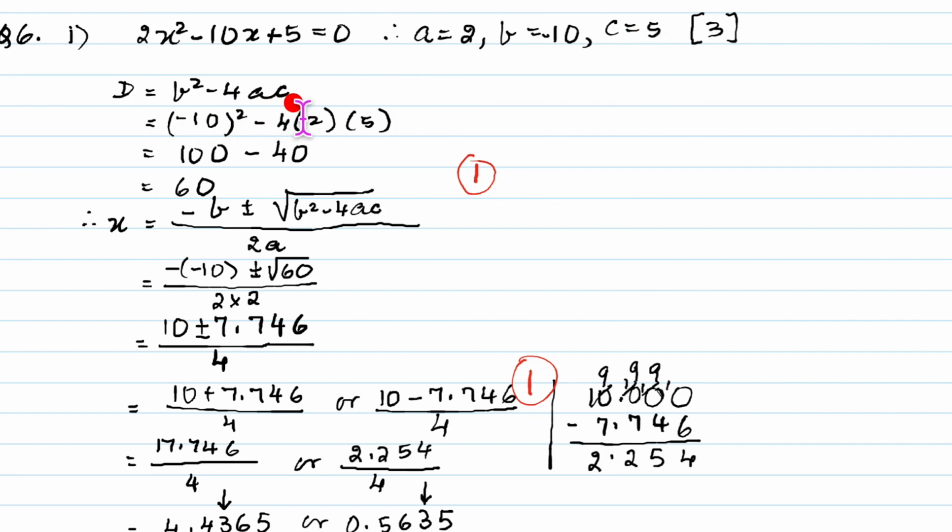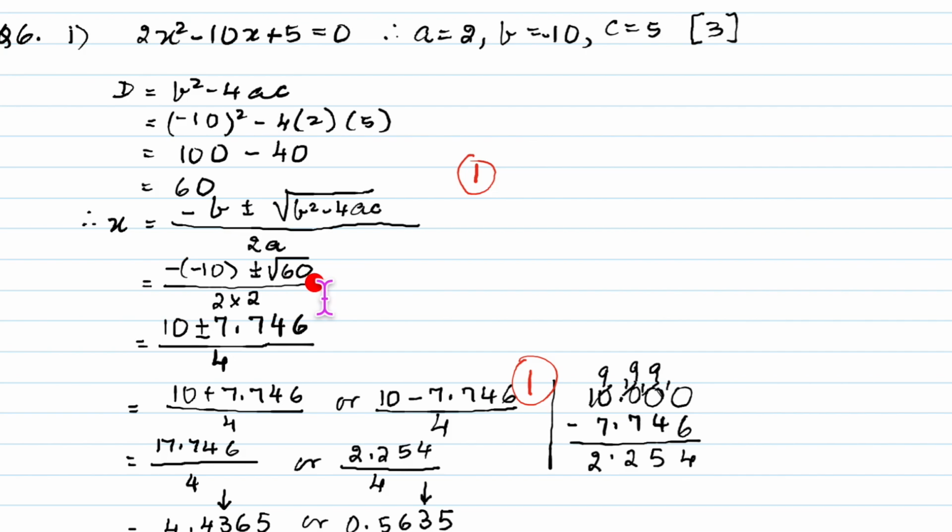First thing you should do, even before you write this formula, is find the discriminant, which is b square minus 4ac. Substitute the values. That will give us 100 minus 40, which is 60. Then write the formula, then substitute the values.